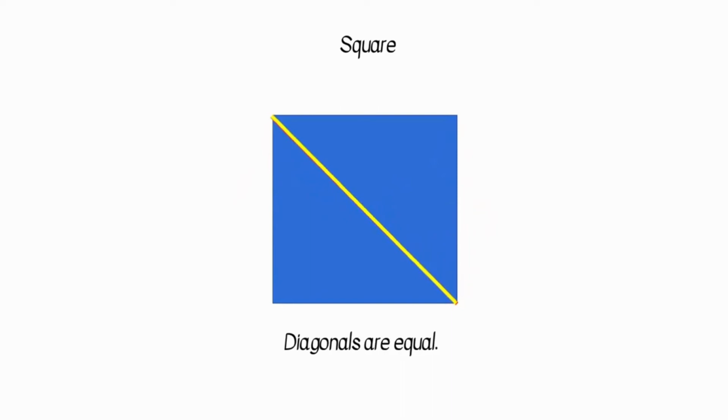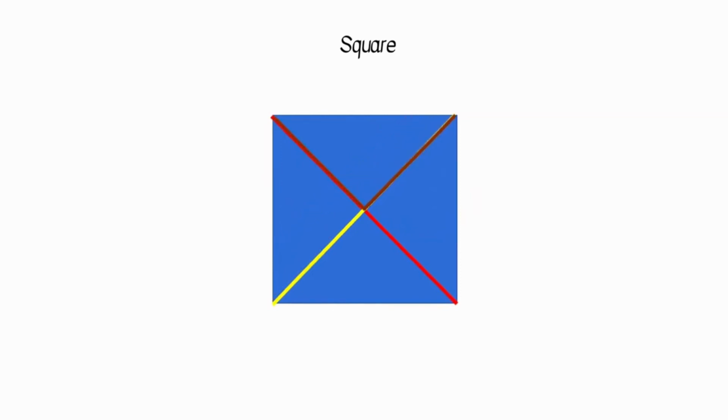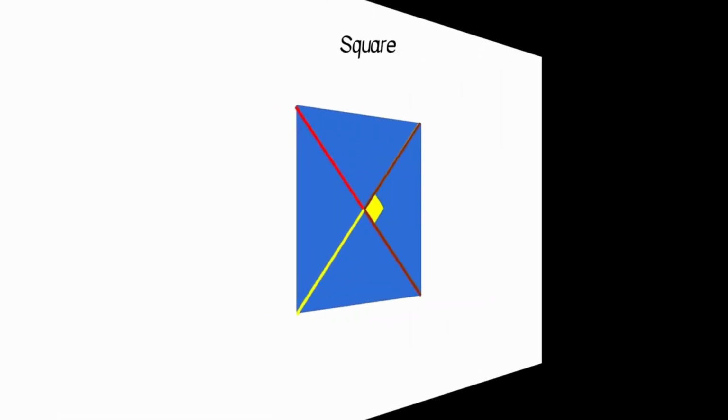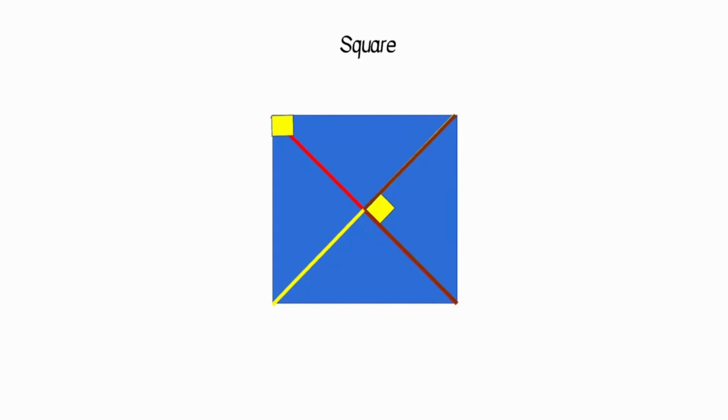Diagonals are equal. They bisect each other at right angles. All four angles are equal. Each angle will be a right angle as we divide 360 degrees by 4.